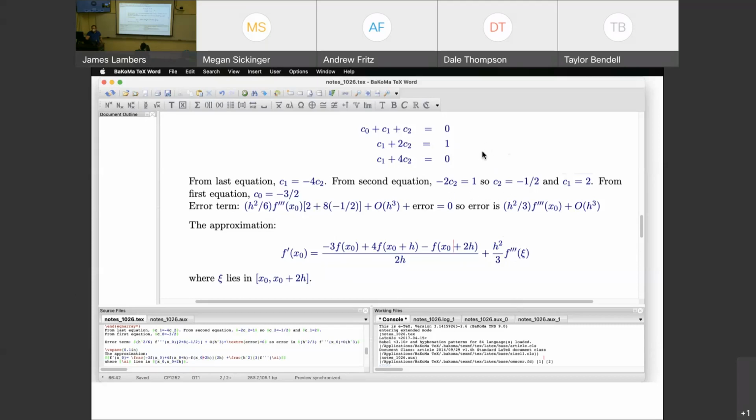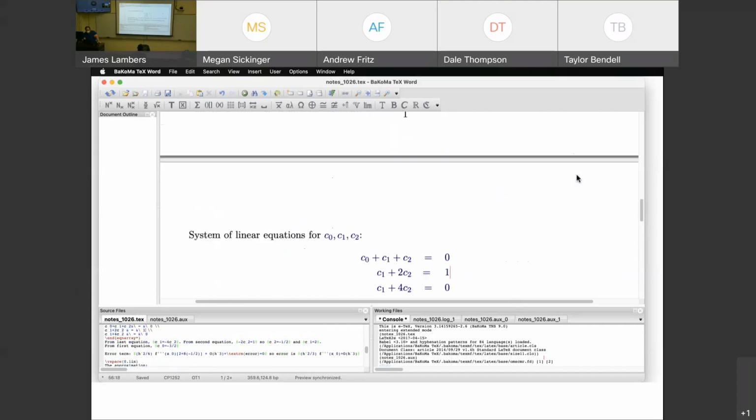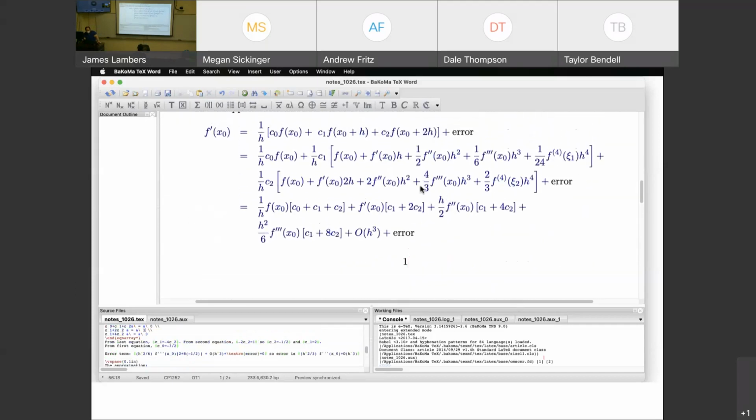Like here we have 0 raised to powers, 1 raised to powers, 2 raised to powers, and so on. So the matrix of your system of equations has a nice structure. Also, for a first derivative, your right-hand side values will always be 0, except for the second one, which is 1. And the reason why it's the second one is because from your Taylor expansion, the second term is what involves f prime, which is what you're trying to get.